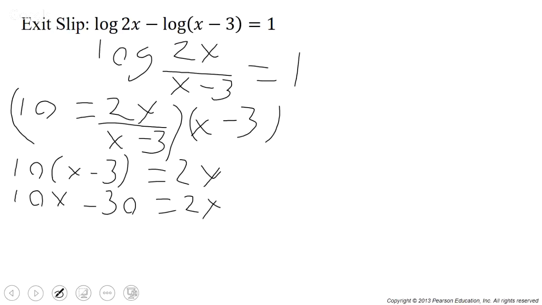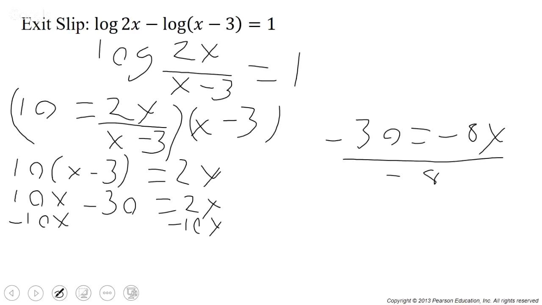So I'm going to subtract 10x from both sides. So I have negative 30 equals negative 8x. Divide everything by negative 8, and I get 30 over 8 equals x, which reduces to 15/4.